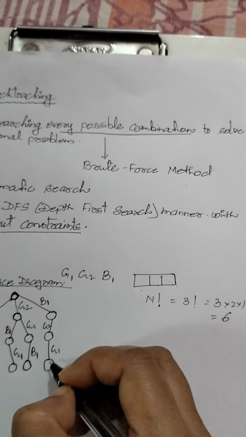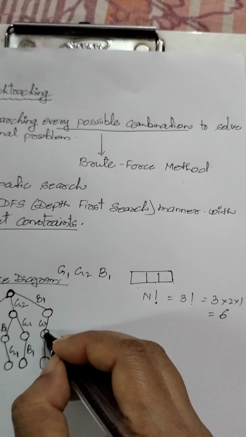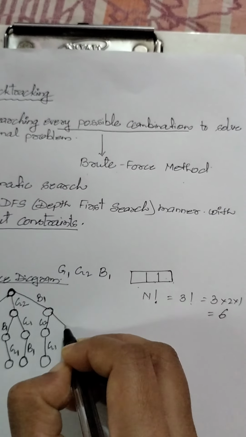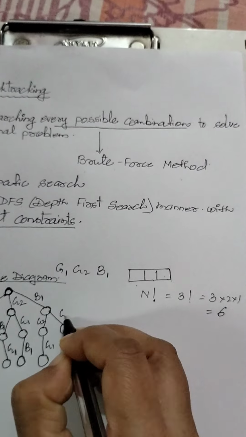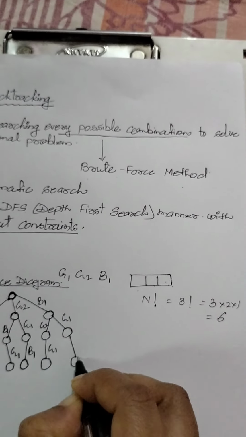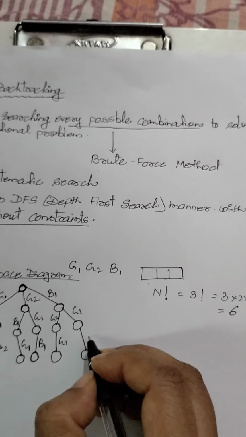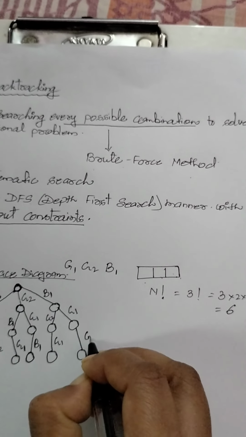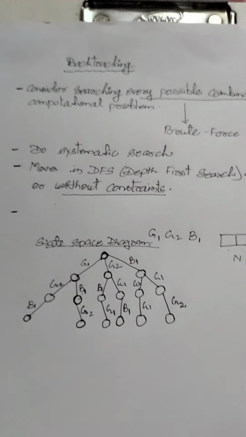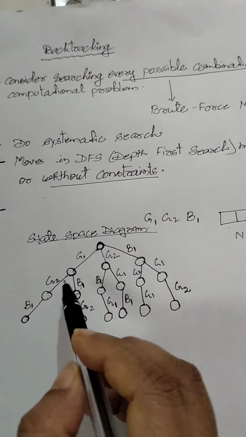Now similarly remove G1, remove G2. At the first place, B1 has taken his place. For the second place, G1 can take a place, and then on the third chair G2 can take her place. Now these are the total ways.